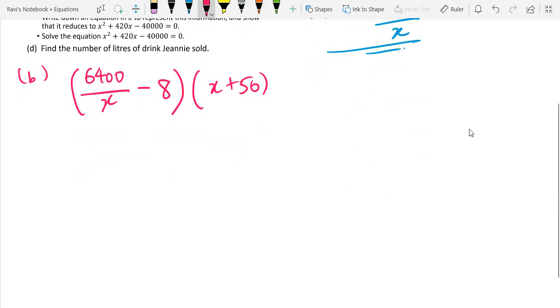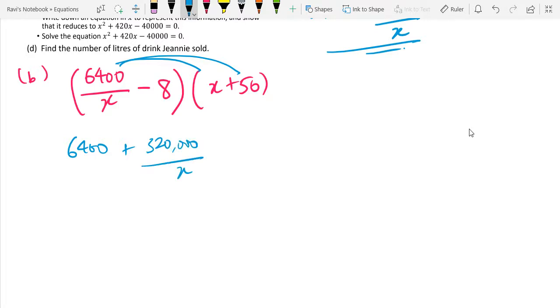So in terms of expansion, let's do this and this first. 6,400 over X multiplied by X, and 6,400 over X multiplied by 50, I get 320,000 over X, minus 8X, minus 400.